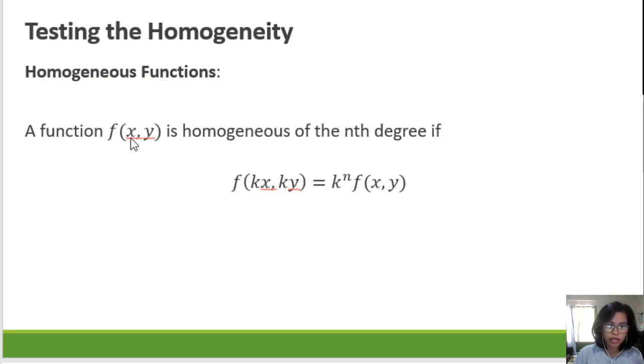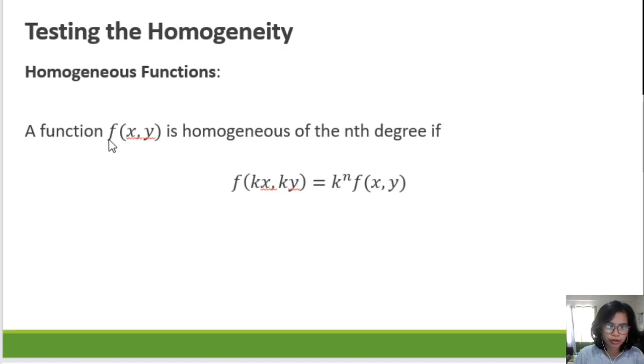A function f of x and y is homogeneous of the nth degree if the function of kx and ky is equal to k raised to n times the function of x and y. So what does that mean?